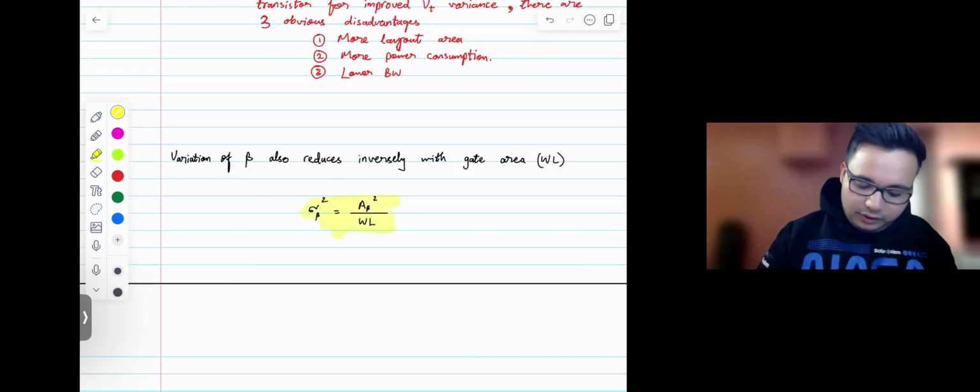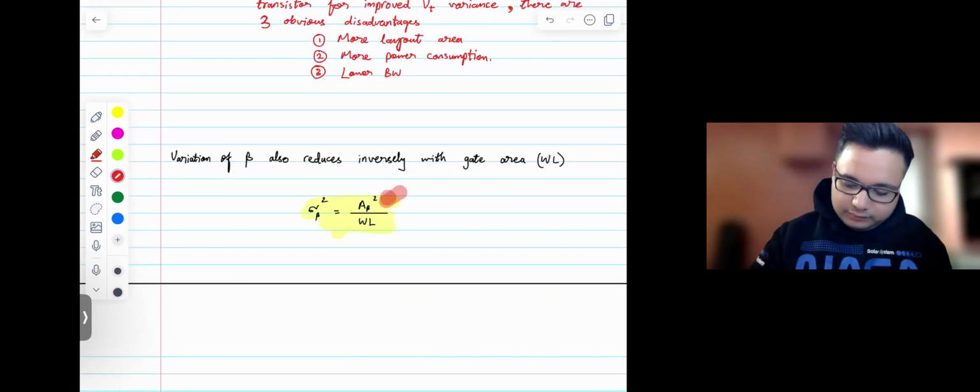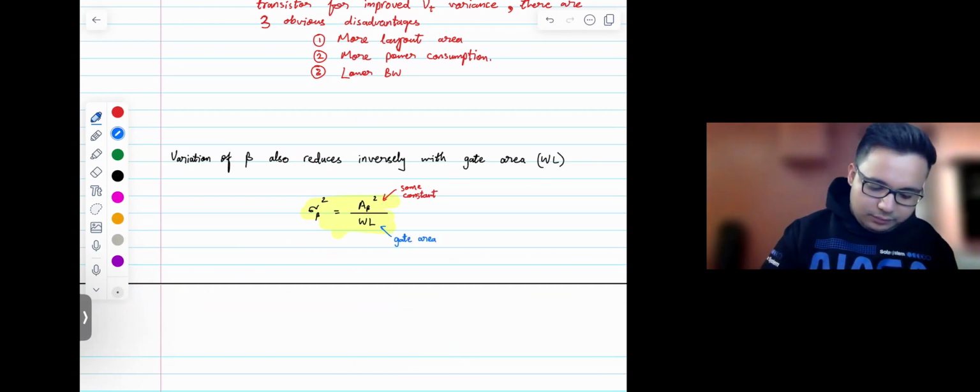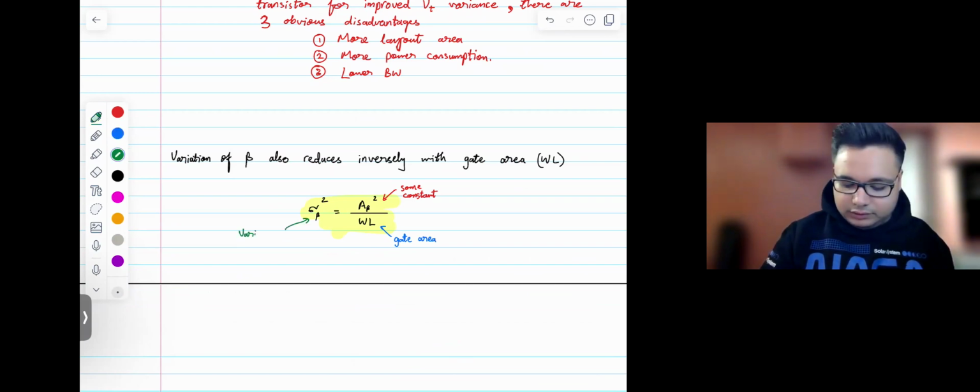So you have, again, some constant, and this is the gate area. And that's the variance of beta.